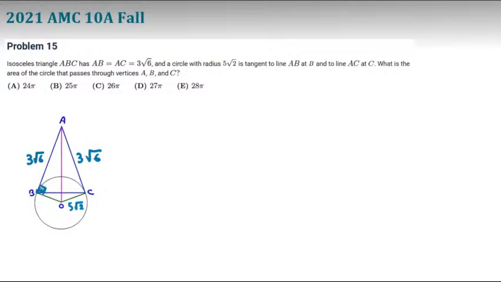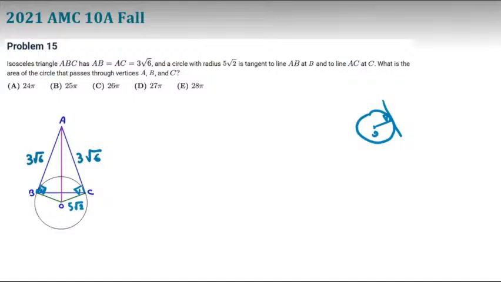It is a point you should know that if you have center, if you have tangent line here, the angle will be 90. And also tangent, it says to line AC at C. What is the area of the circle that passes through vertices ABC?